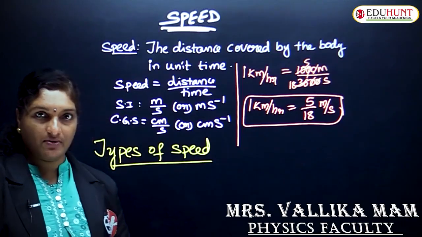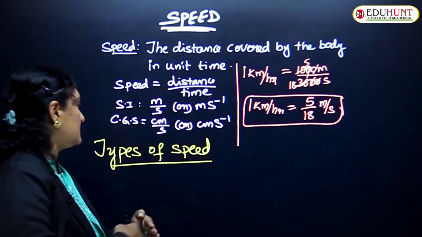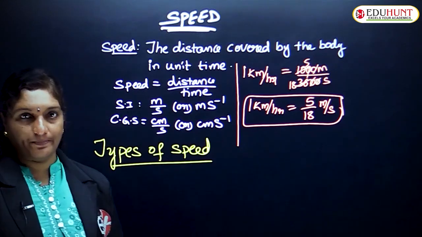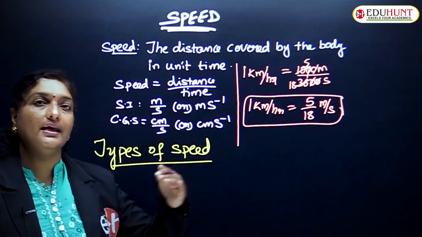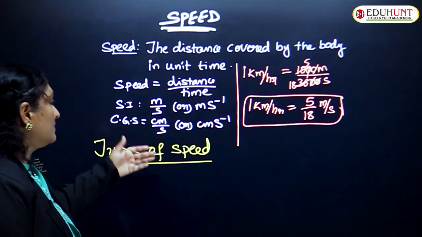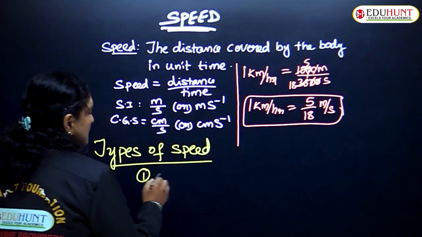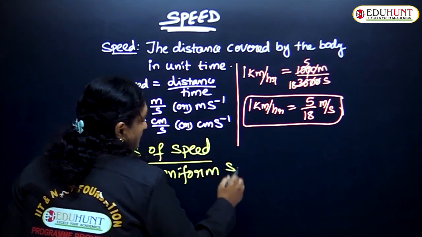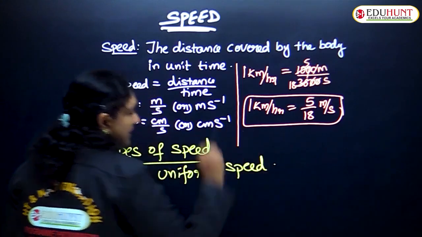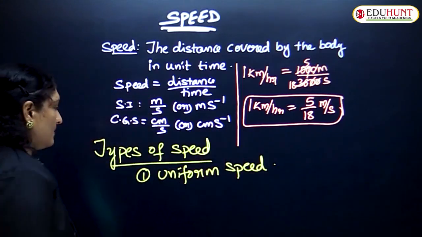Suppose a body covers equal distances in equal intervals of time. I repeat, if a body covers equal distances in equal intervals of time, then we say it is uniform speed.